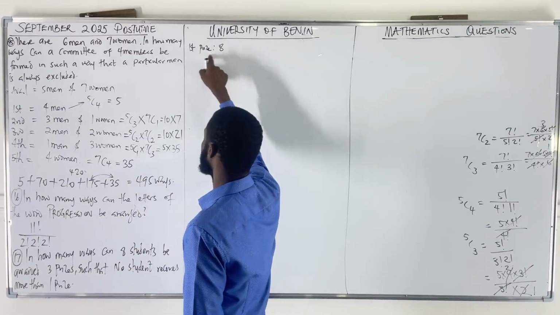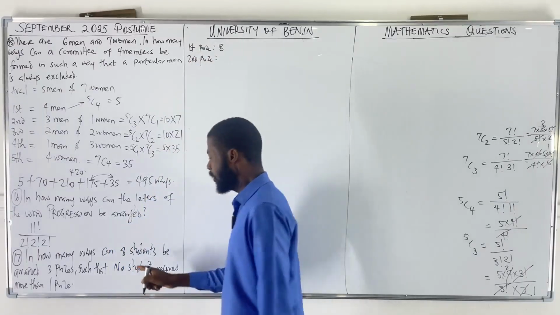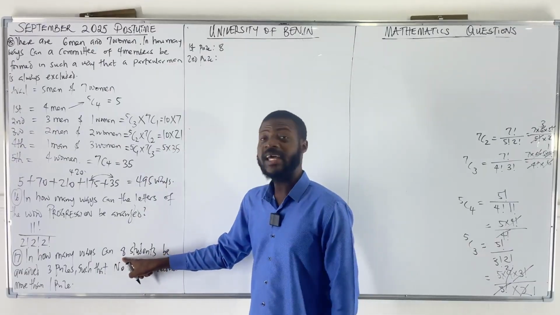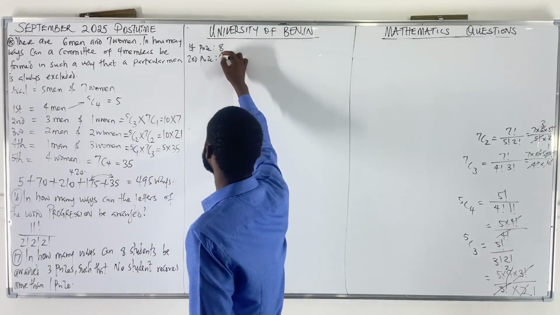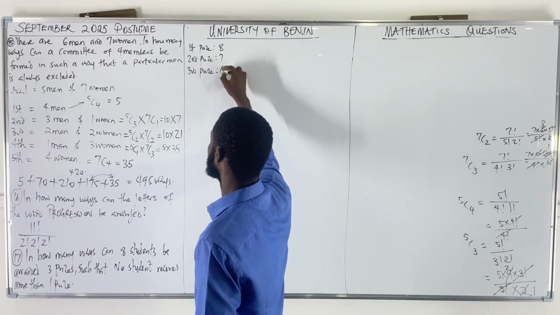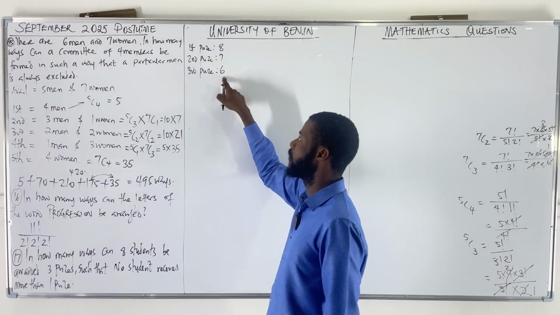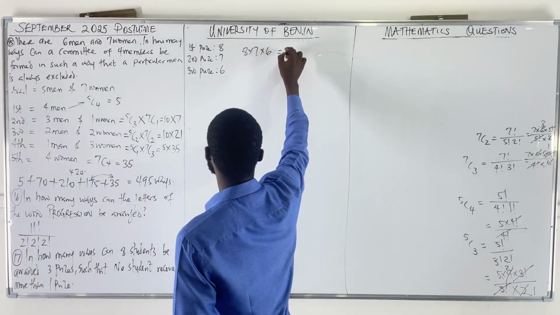get the first prize. Now, second prize, because one person has already taken the first prize, that means there are now 7 people remaining. So we have 7 choices. Then the third prize will definitely be 6, because from these 7 persons, 1 person has gone again. So the answer will become 8 times 7 times 6.